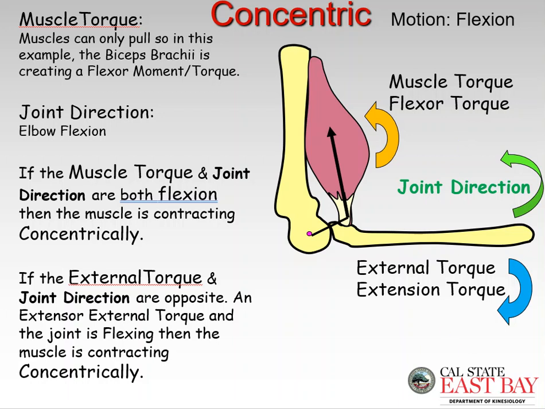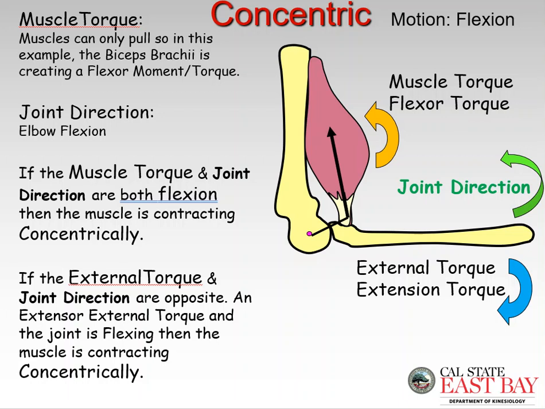The muscle torque: muscles can only pull. So the biceps brachii is creating a flexor moment, or a flexor torque. The joint direction is elbow flexion. If that muscle torque and the joint direction are both flexion, a flexor torque and you are flexing, the muscle is contracting concentrically. Let's look at it from the viewpoint of the external torque.